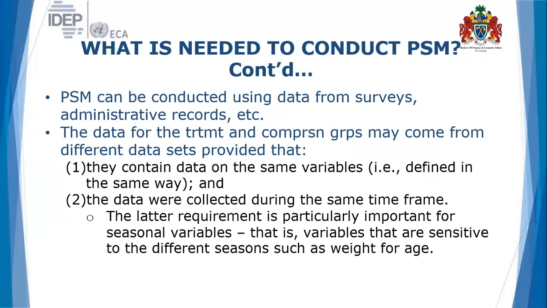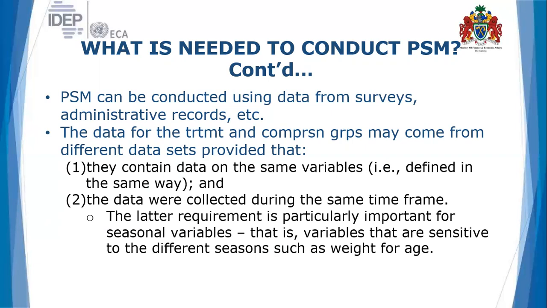In addition, propensity score matching can be conducted using data from surveys or administrative records or any other sources. The data for the treatment and comparison groups may come from different data sets, provided that, number one, they contain data on the same variables; in other words, they must be defined in the same way. Number two, the data were collected using the same time frame.